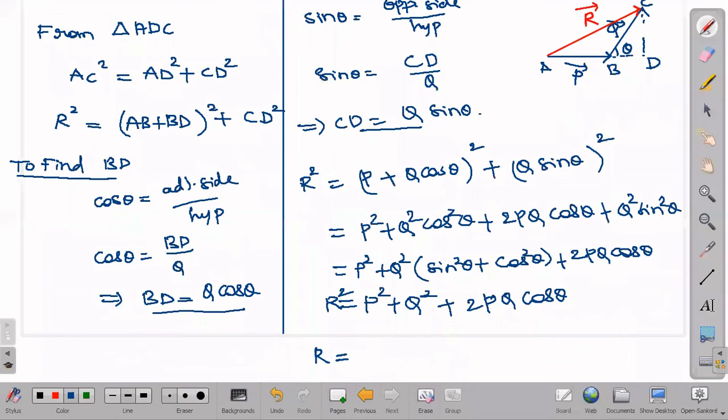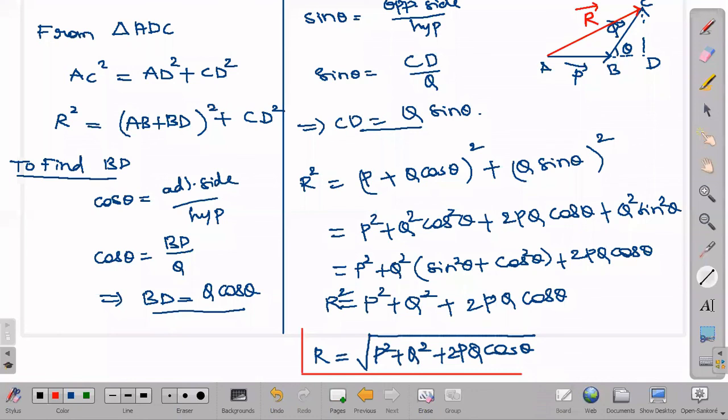So R is the square root of P square plus Q square plus 2PQ cos theta. So that is our resultant magnitude. Whatever resultant we have, that resultant magnitude is P square plus Q square plus 2PQ cos theta. Theta should be known, then only we can find it.